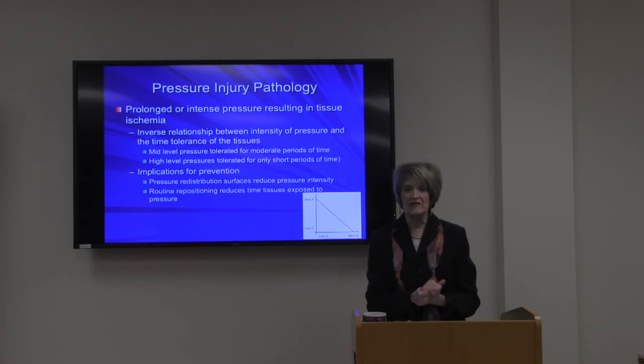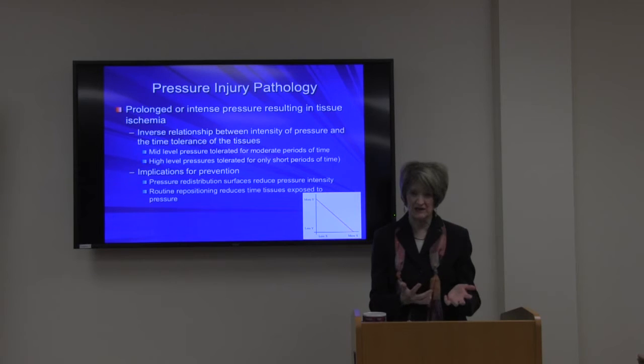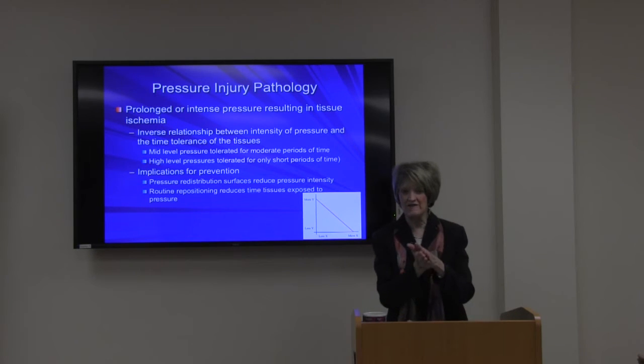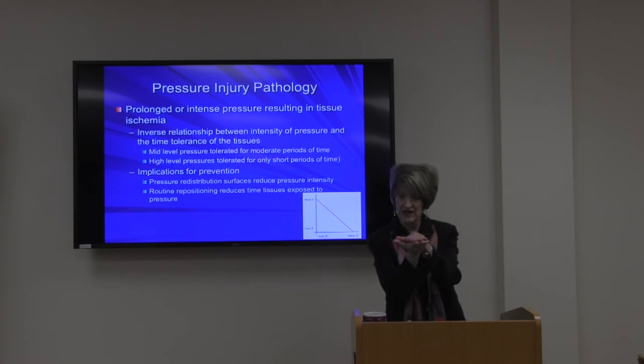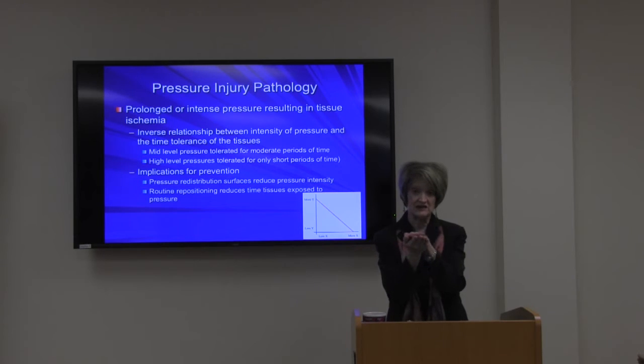Now I want to talk about the inverse relationship between the intensity of the pressure and the time required for damage. And we've already been talking about this. So we said if you have very high level pressure, you get total collapse of the capillary bed and rapid onset of ischemia, rapid onset of tissue damage.